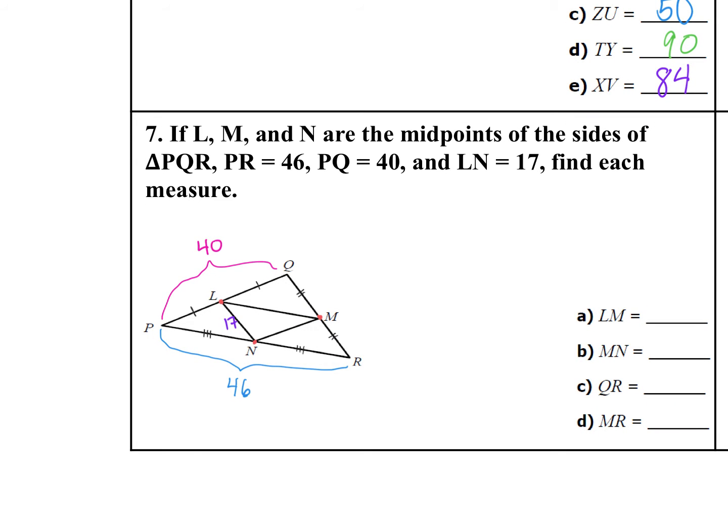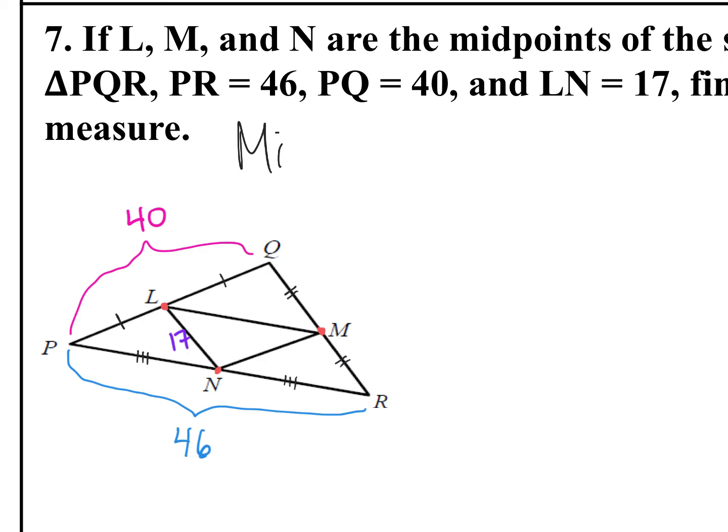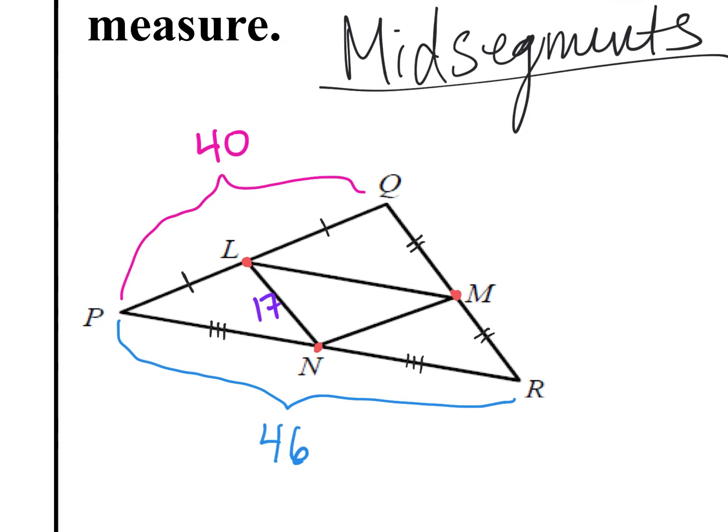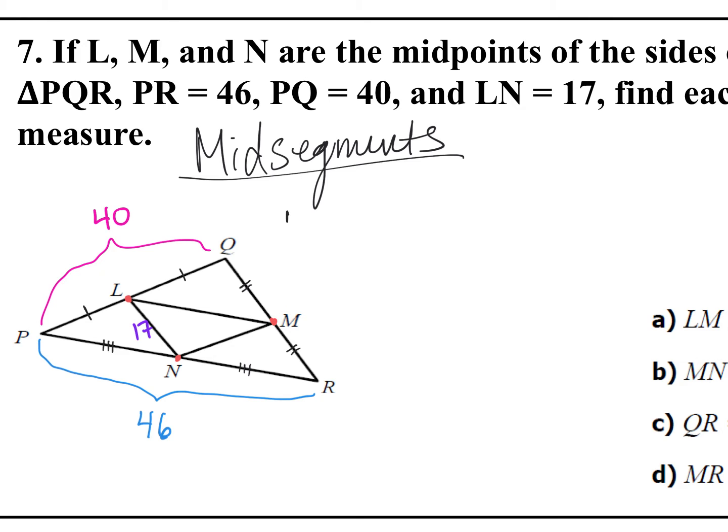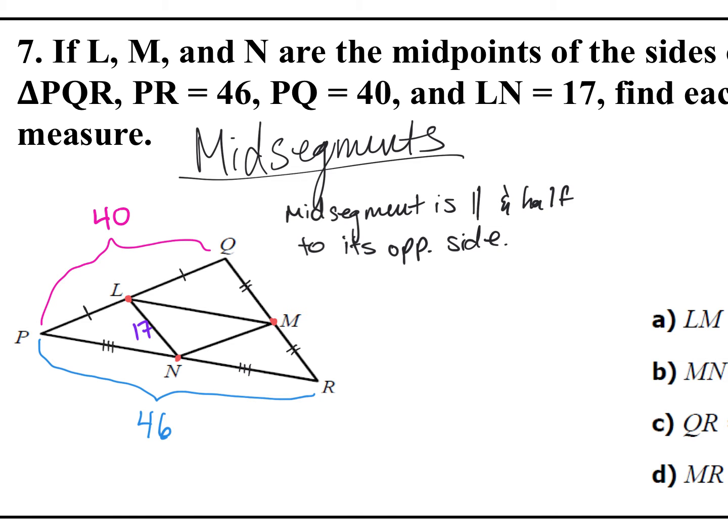Okay, so here, before I continue, I forgot to mention that these are mid-segments. Since the mid-segments connect two midpoints of two sides, if you remember, a mid-segment is parallel and half of its opposite side.